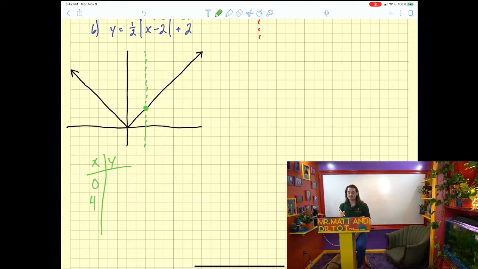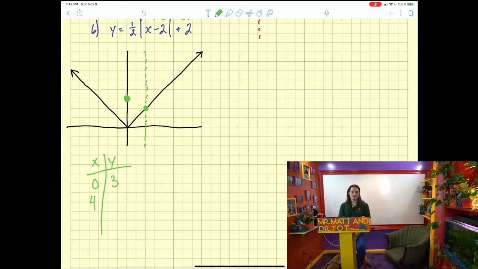So when x is 0, I'm going to have 0 minus 2 is -2. The absolute value of -2 is +2. +2 times 1/2 is 1. 1 plus 2 is 3. So at 0, I'm going to be at 3. At 4, I'm going to have 4 minus 2, which is 2.